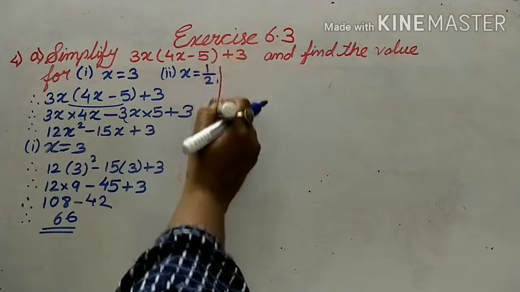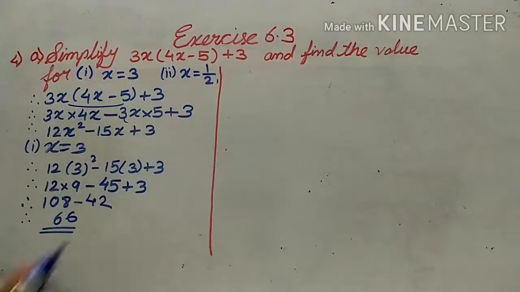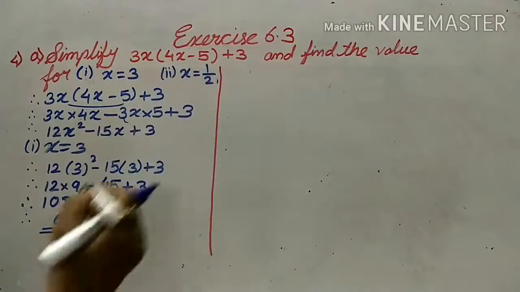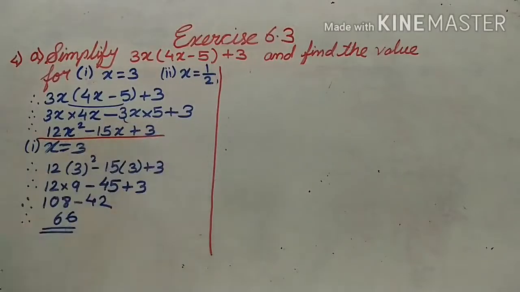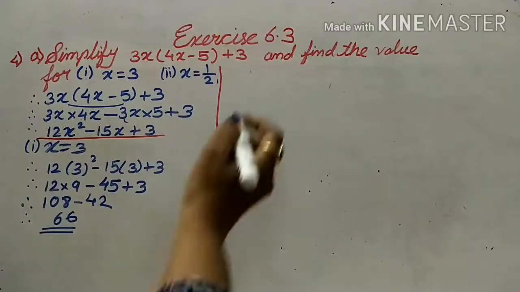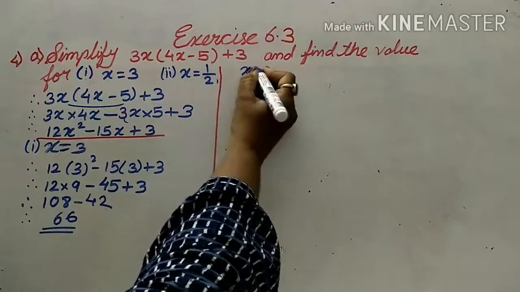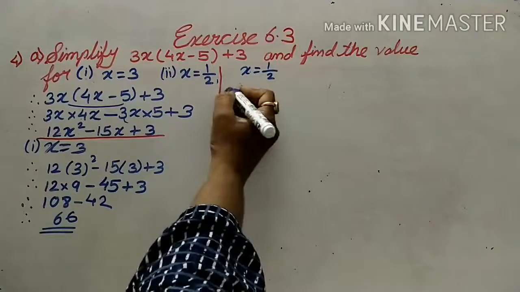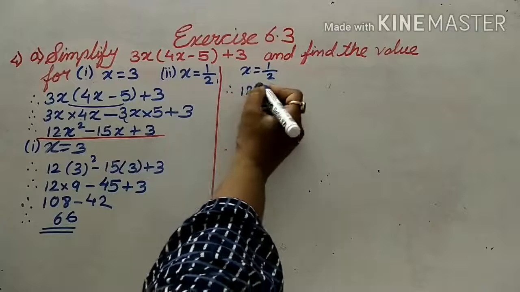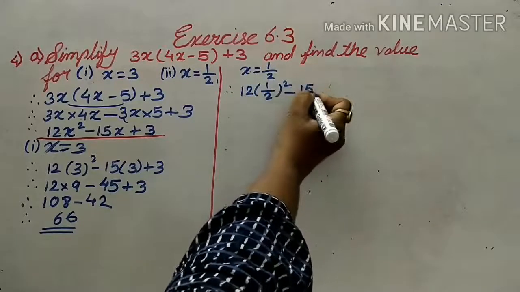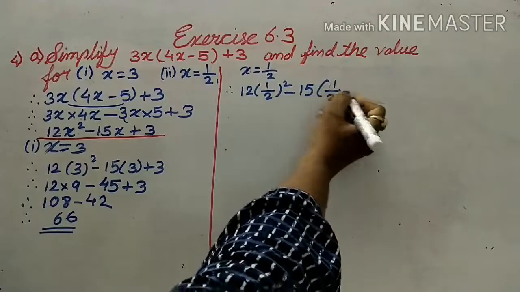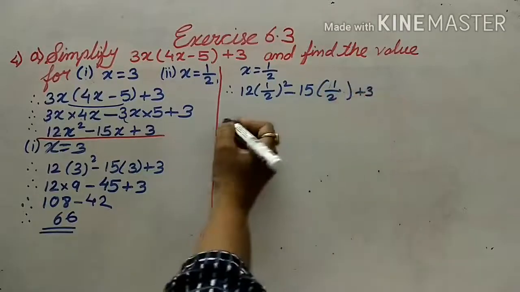Now second one. If x is equal to 1 by 2, we have to substitute this value in this expression. Therefore, 12 into 1 by 2 square minus 15 into 1 by 2 plus 3.